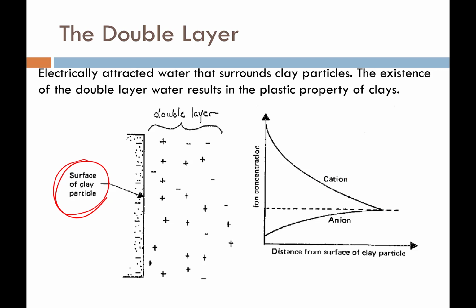And eventually we get to a point where they're the same. And at this point, this means no attraction, really. And whatever ions are there are just floating in space. They just happen to be there. So this distance right here, that represents our double layer, okay?